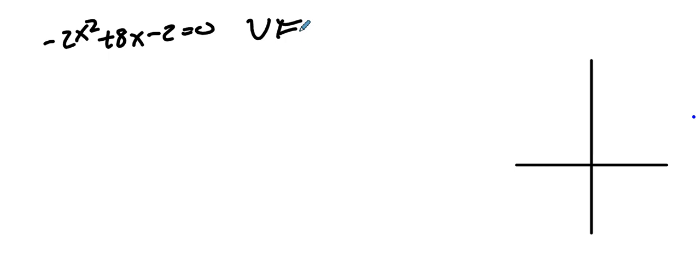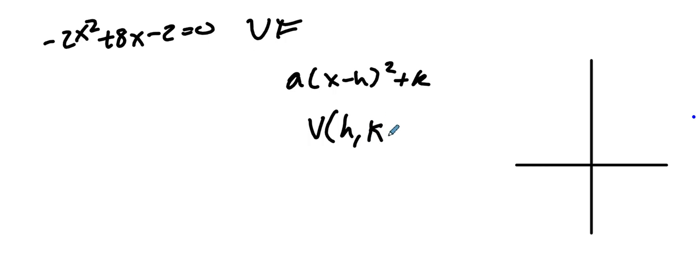Vertex form is essentially a times x minus h squared plus k, where the vertex is h comma k. So if we have, say, x minus 1 squared plus 1, our vertex would be at 1 comma 1.